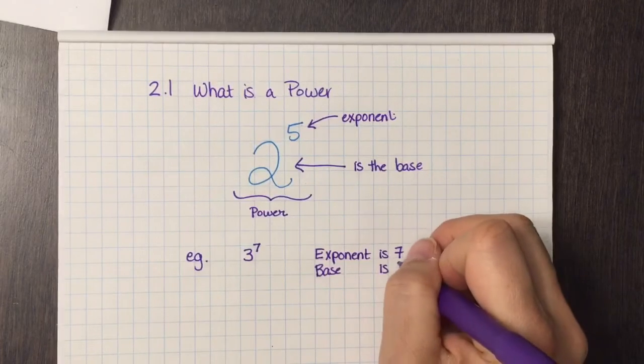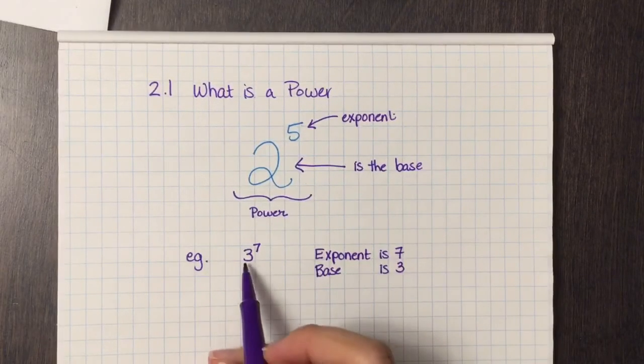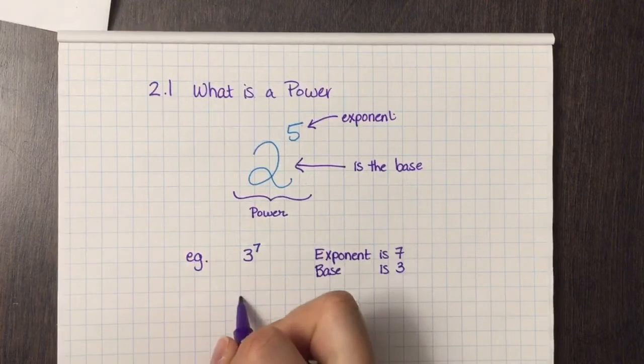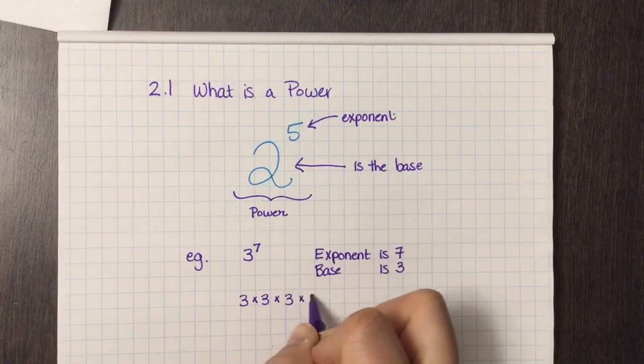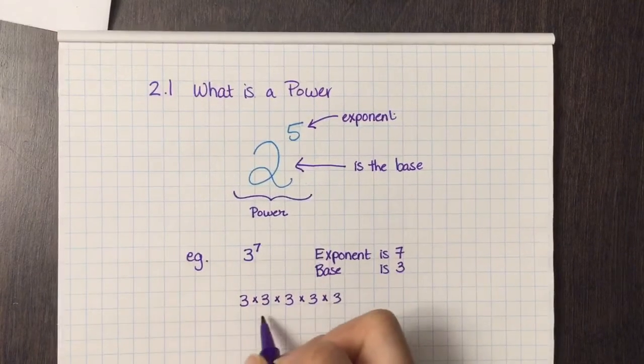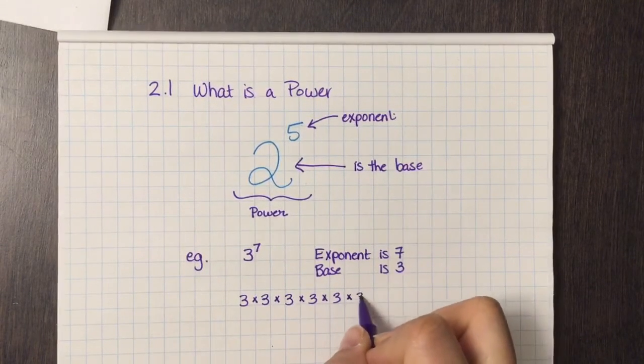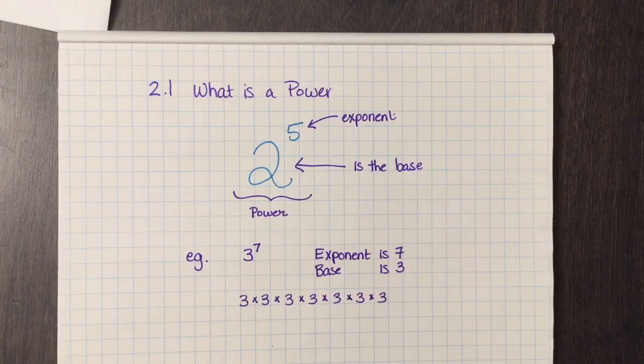The base is 3. What we're saying here is 3 times 3 times 3 times 3 times 3. Oh, I shouldn't have chosen 7 times 3 times 3. So we're saying that we have 7 factors of 3.